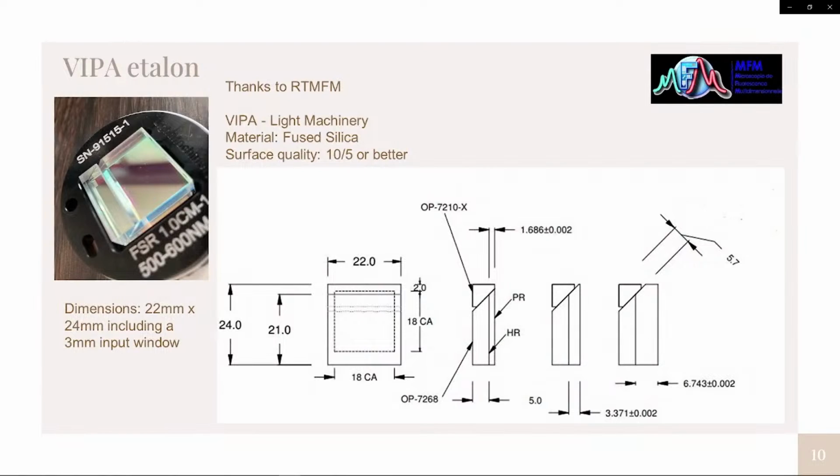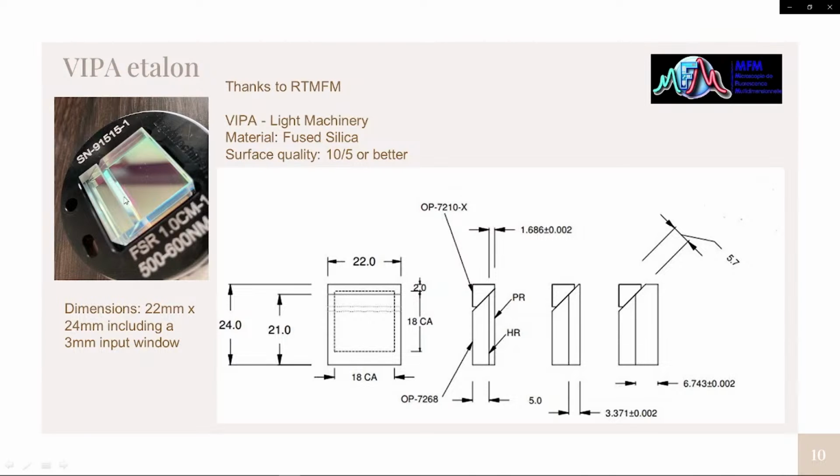The material is fused silica and has a really good surface quality. But if you see this VIPA, you know that it's very small. The dimensions are just 22 by 24 millimeters and a 3 millimeter input window. So this tiny window notch that you see here is the 3 millimeter input window.